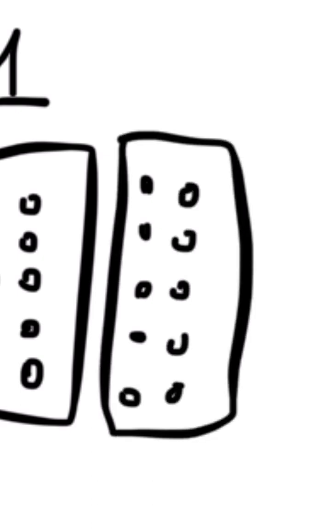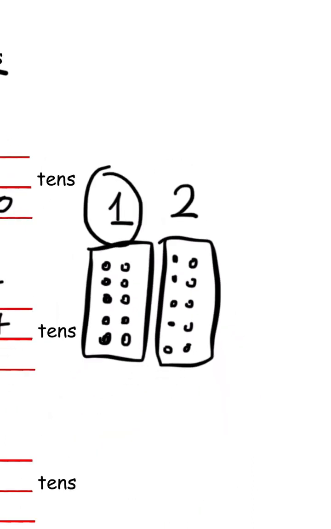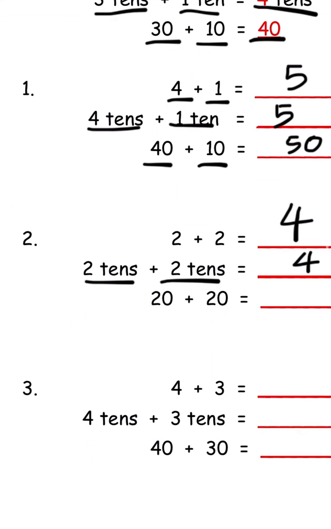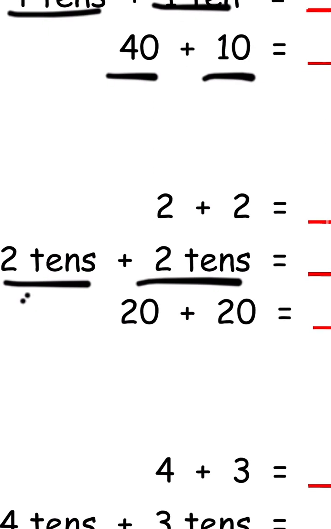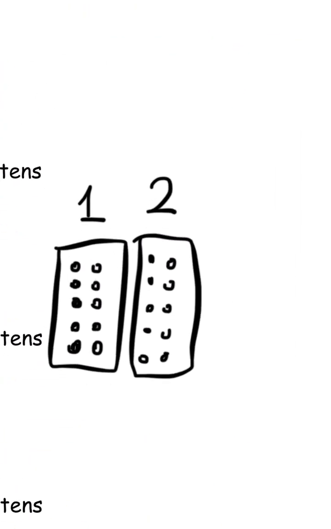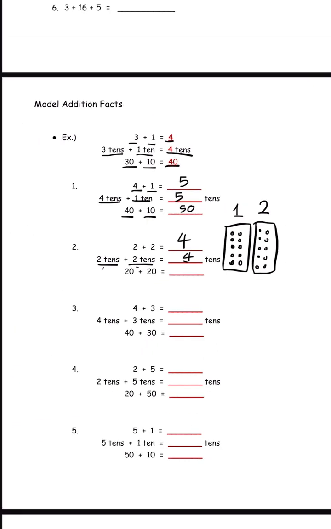There's another group of 10 here. So this is 1 and 2. So there are 2 groups of 10s. That's showing that we have 2 tens. So when we have 2 tens plus 2 tens, we're going to have 4 tens, right? Because if we have double of this, we're going to have 4 tens.